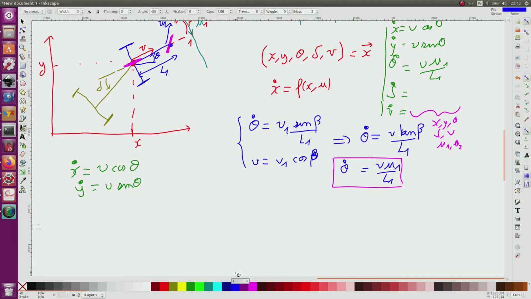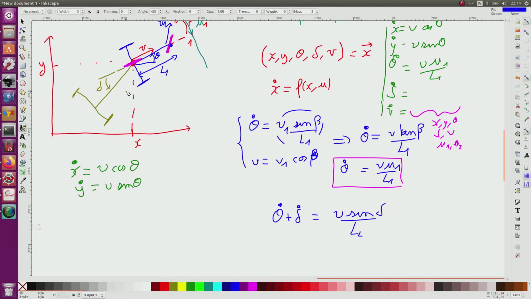So I will have the relation theta dot plus delta dot, which corresponds to the derivative of the heading of the second sledge, equal to V sine delta divided by L2.